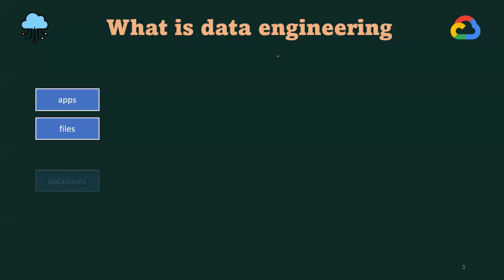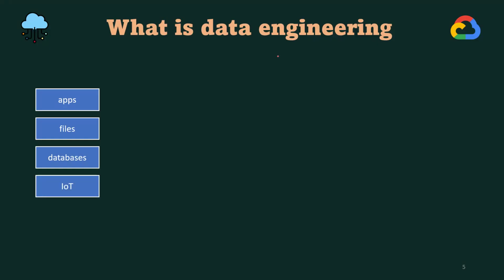Sometimes we also have databases where the data is properly structured. So you have data coming from databases also: sales database, banking database, healthcare databases. There are plenty of other databases related to a particular business. You have data coming from multiple databases, and from multiple IoT devices also.